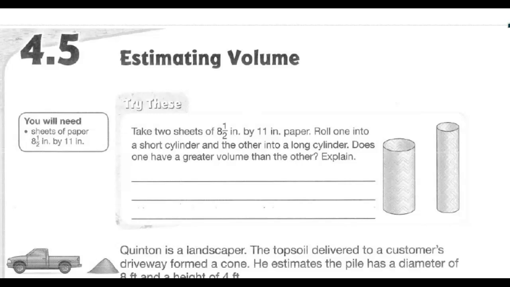Well, let's just think about how to calculate the volume of a cylinder. The volume of a cylinder is pi r squared, that's the area of the base, times the height. So think about these three things. Pi is always going to be 3.1415, etc., but then r squared times h. So the radius, you're going to square it.